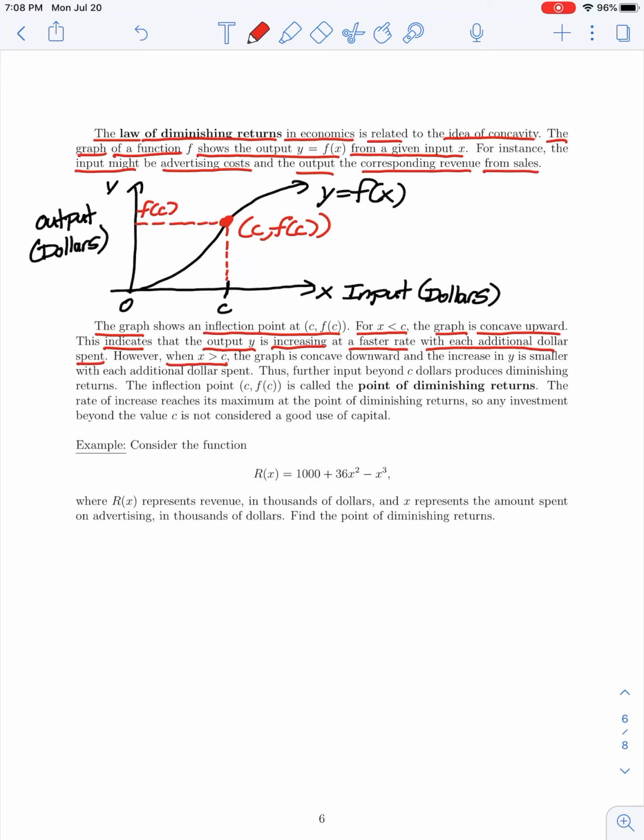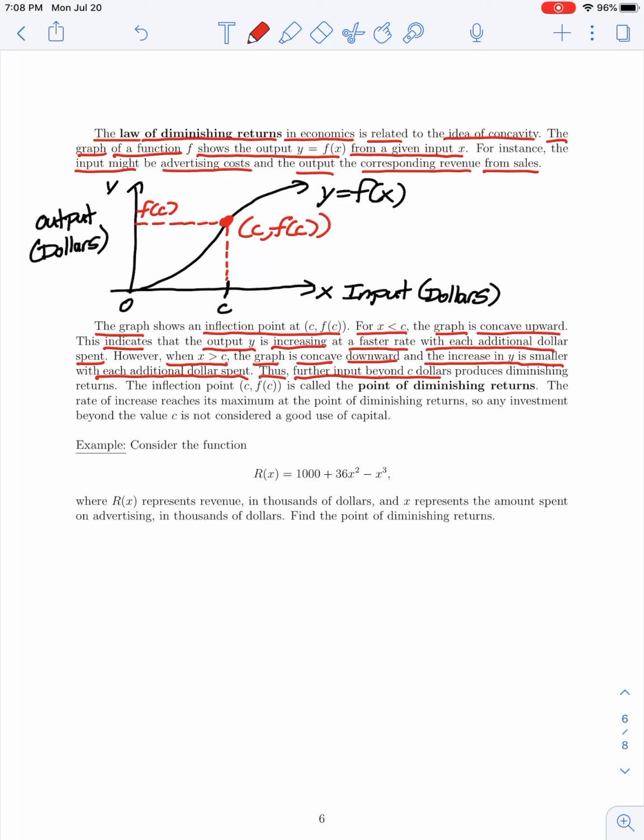However, when x becomes greater than c, the graph is concave downward, and the increase in our revenue, y, is smaller with each additional dollar spent. So once we get past an advertising cost of c, each additional dollar that we spend on advertising does not result in as large of an increase in revenue.